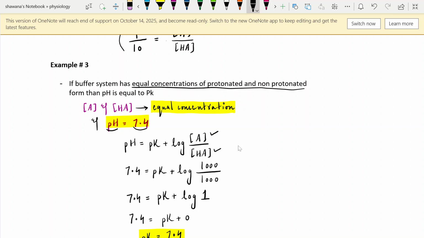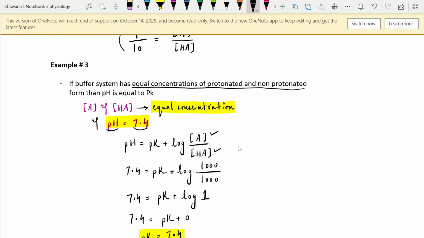From here we conclude that when there are same concentrations of protonated form and non-protonated form, we can comfortably say that the pK of that solution is equal to pH. It means that this solution has the same pH and pK. For example, in this container there are three buffer systems, or we can place them in different containers as well.